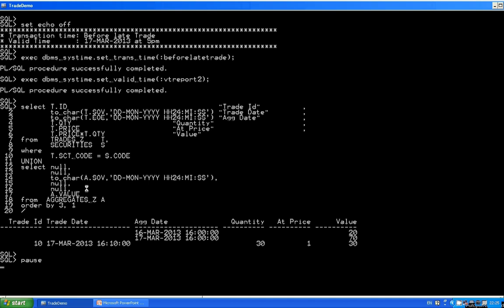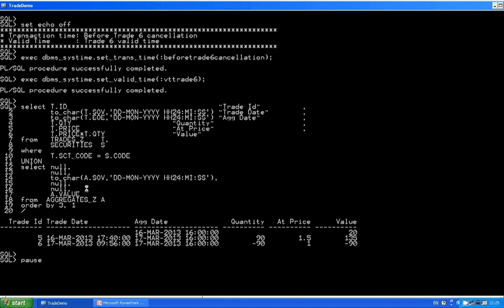It was representing trades 5, 6, 7 and 9, even though we hadn't received trade 8 at that point. And if we go to a point after we'd processed the late trade at the valid time report 2, you can see that the report is as we expect it to be.